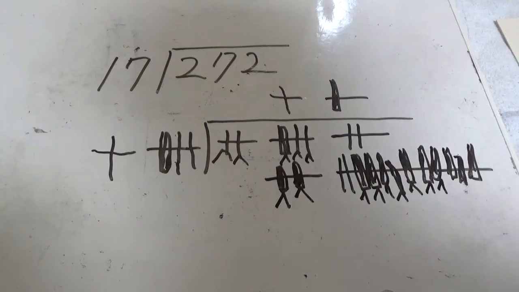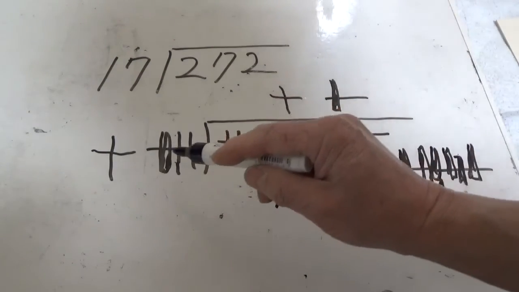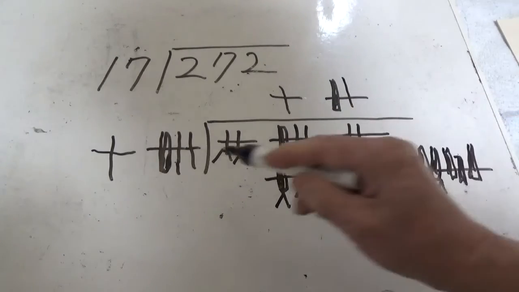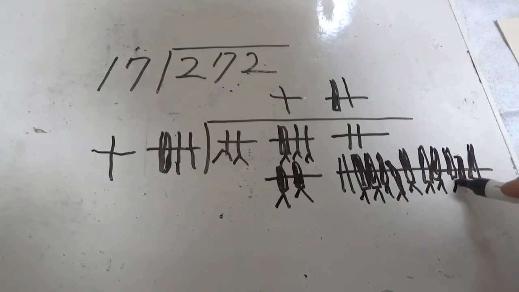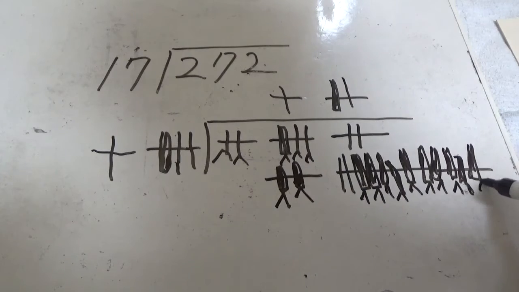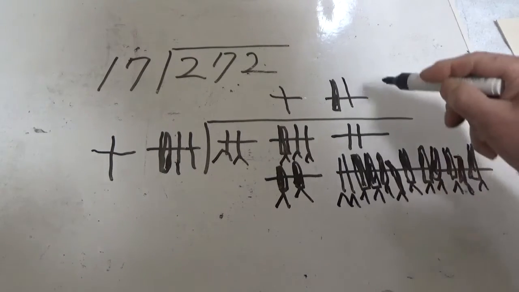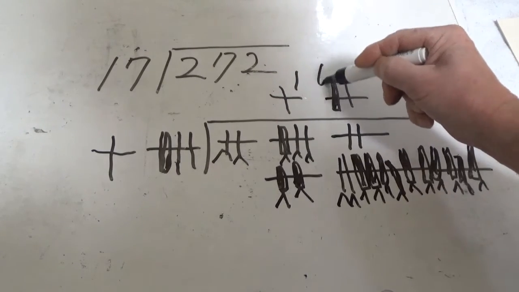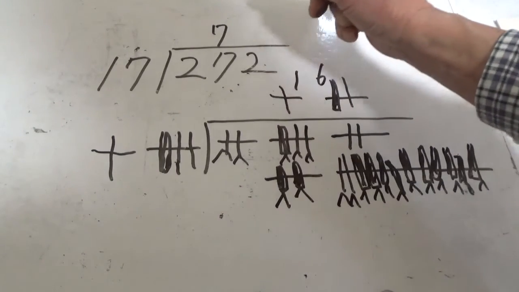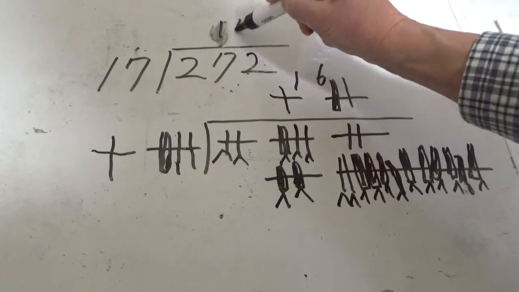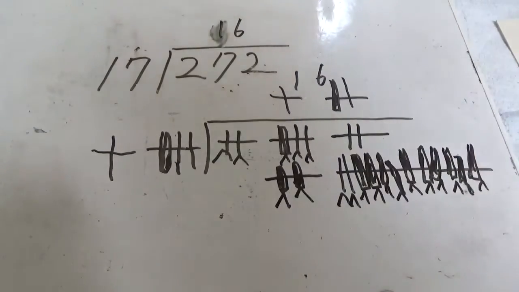Okay, and we can subtract 17 once more, so it is 10 and 6. So this is 16. So sorry, 16.